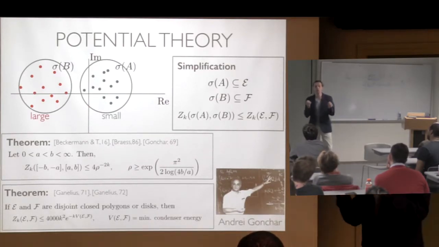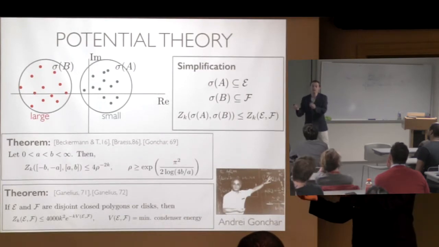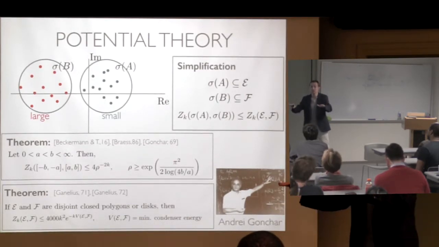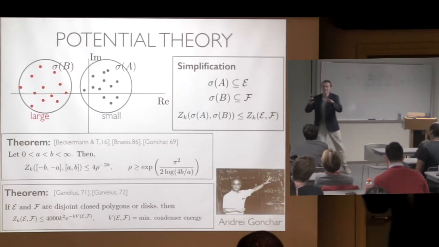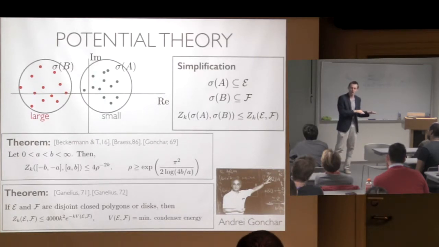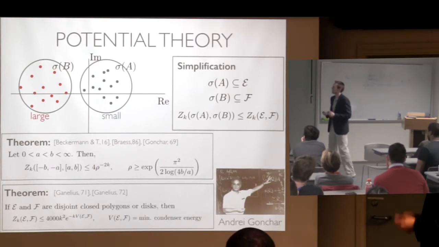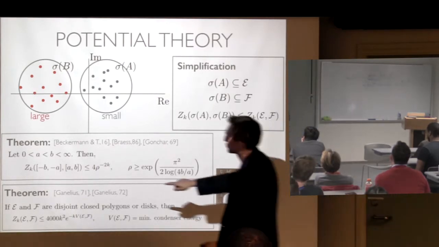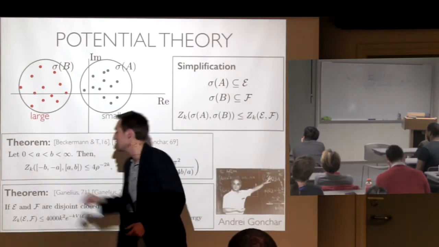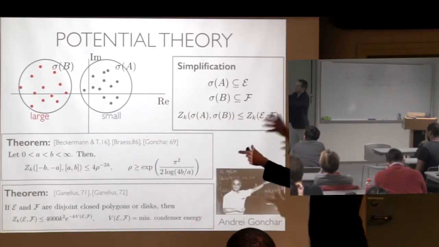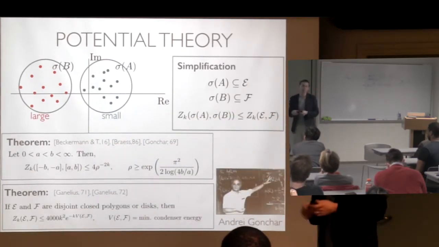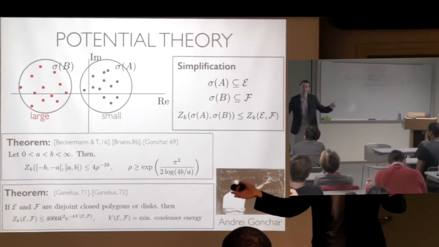And that electron interpretation is precise. The minimum condenser energy from those two plates tells me exactly how the rational function converges. If I have k electrons and k positively charged particles and I put them on each plate, that will tell me what Z_k is if I let them settle down to equilibrium.